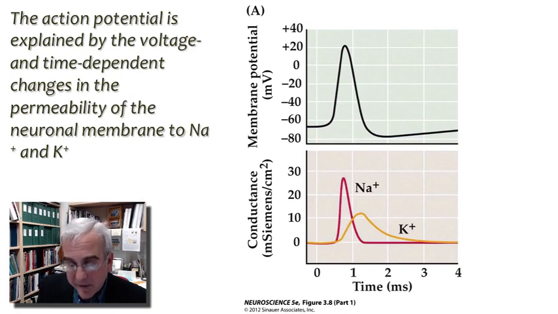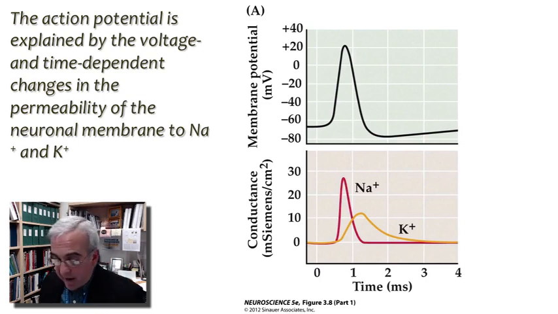And I want you to spend a little bit of time thinking about this figure, figure 3.8, and considering the alignment of these conductance changes with what we see in membrane potential. And the conclusion of such a thought process is that the action potential is indeed explained by the voltage and time-dependent changes in the permeability of the neuronal membrane to potassium and to sodium.